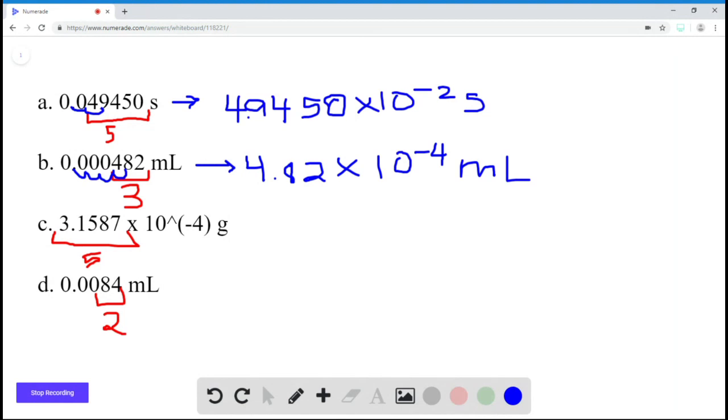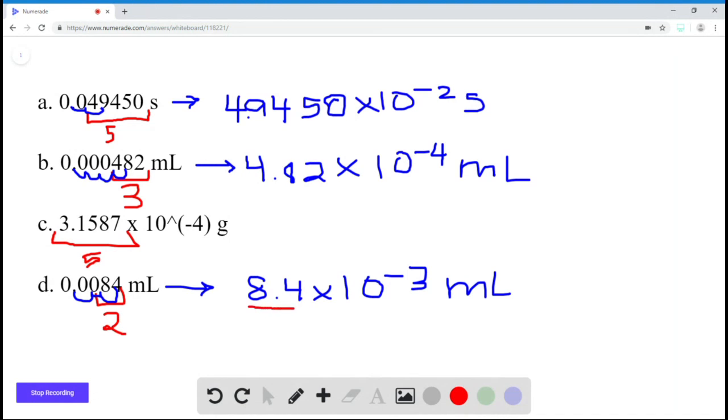So again, this has 5, and we can convert this last one into scientific notation as well. So it would be 8.4 times 10 to the negative 3 milliliters. And because we only include the 8.4, it has 2 significant figures. 5 significant figures, 3 significant figures, and 5 significant figures.